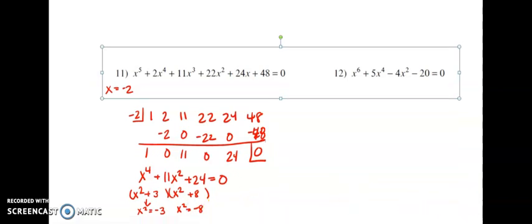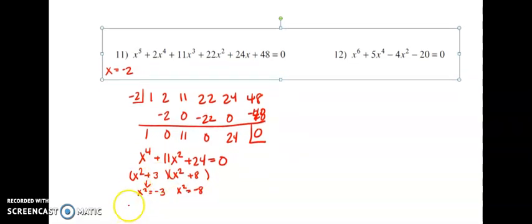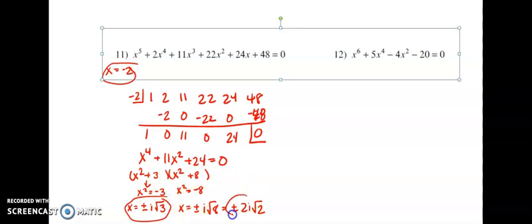And what that tells me is that x equals plus or minus i square root of 3, and x equals plus or minus i square root of 8, which actually can be plus or minus 2i square root of 2. And again, I can go in any order. So that is 1, 2, 3, 4, 5 solutions.